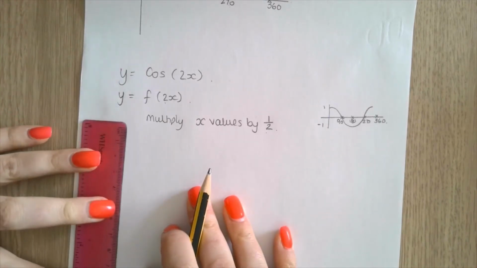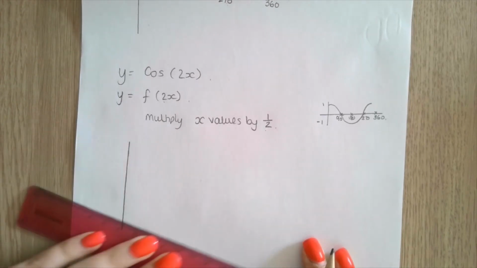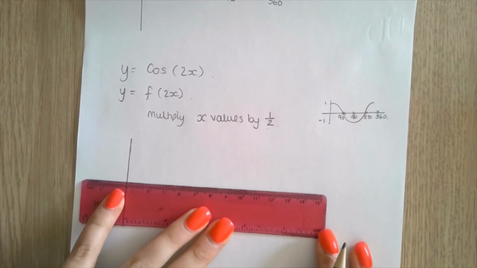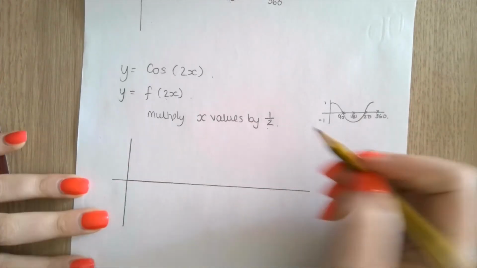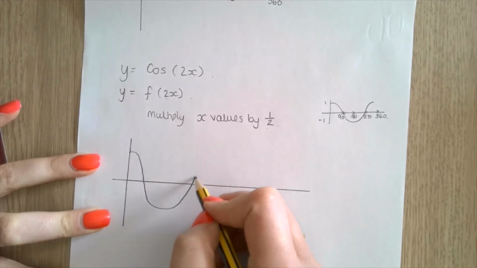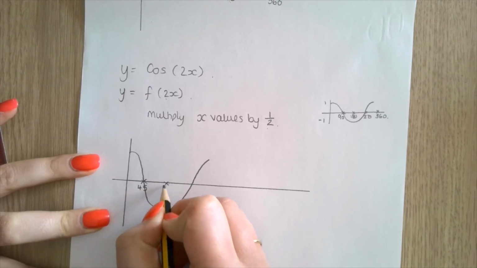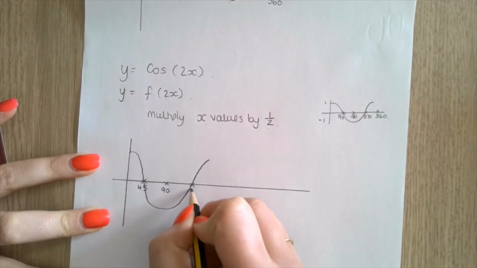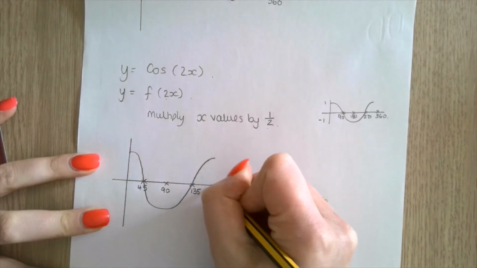To show you what this is going to look like, let's try and make sure it's as straight as I possibly can get it for you. As I said, we end up with 45, 90, 135 and 180.